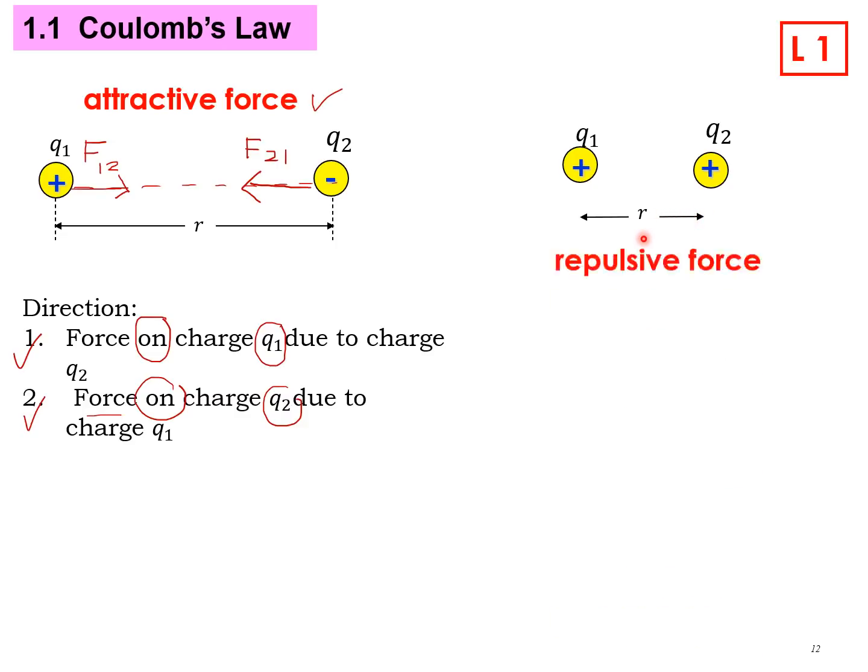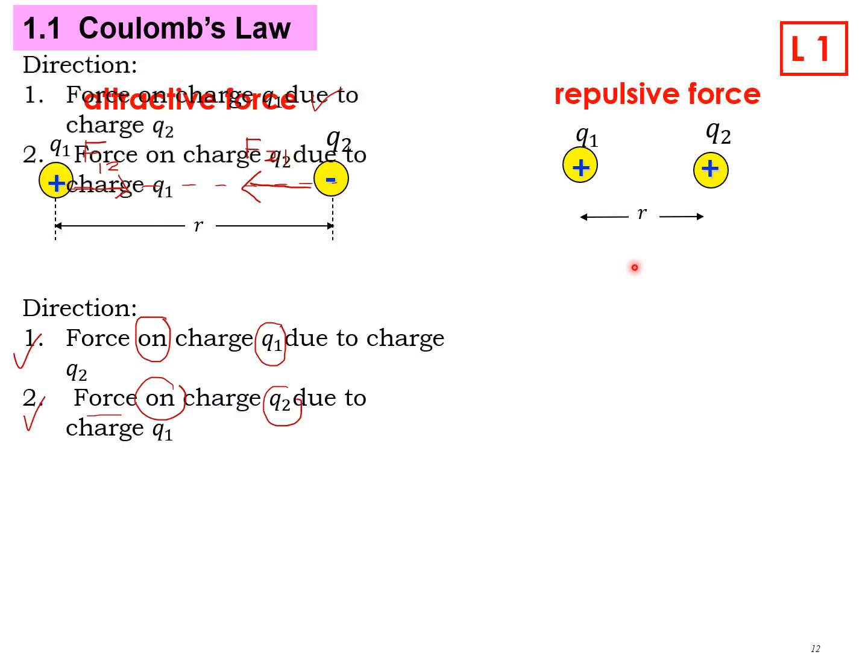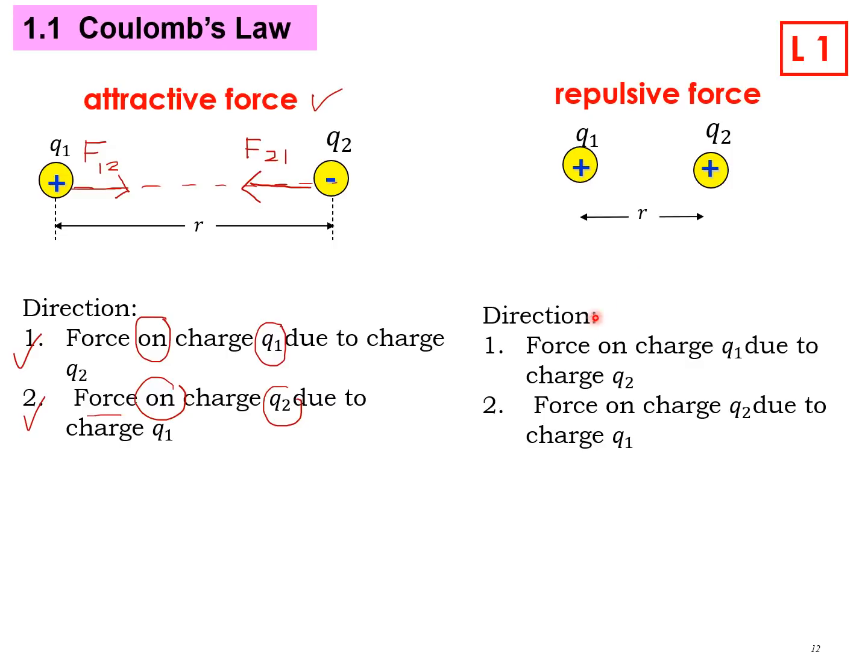So, why is it a repulsive force? Look here. We determine the direction of electrostatic force on charge Q1 due to charge Q2, and also the electrostatic force on charge Q2 due to charge Q1.